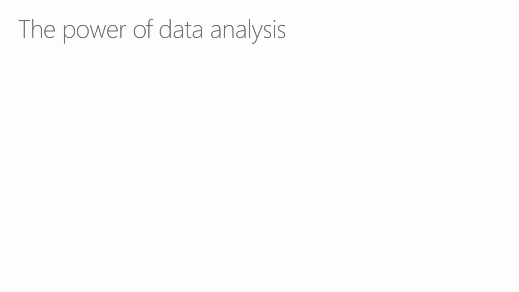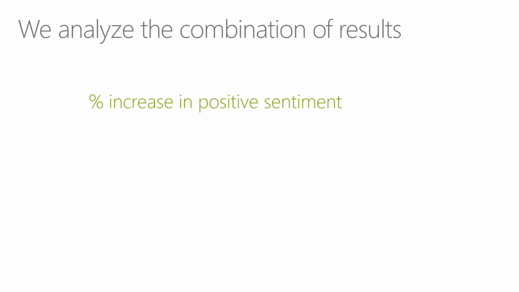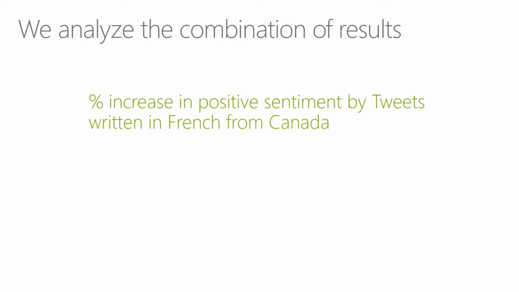With social engagement, we have the ability to analyze the percent increase in positive sentiment, the percent increase in positive sentiment by tweets, the percent increase in positive sentiment by tweets that have been written in French. We can analyze the percent increase in positive sentiment by tweets written in French from Canada.